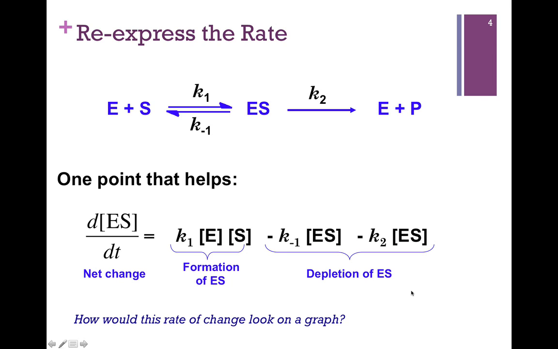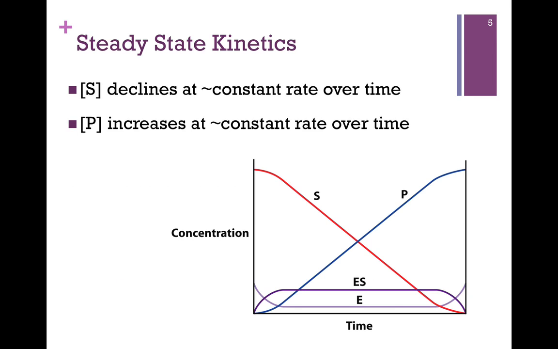We're still moving towards replacing that term, the concentration of ES. Let's look next at how these things change over time. So remember, at any given time you have the free enzyme, you have the substrate, you have the enzyme substrate complex, and you have the product. Let's see how the concentrations of these change over time.